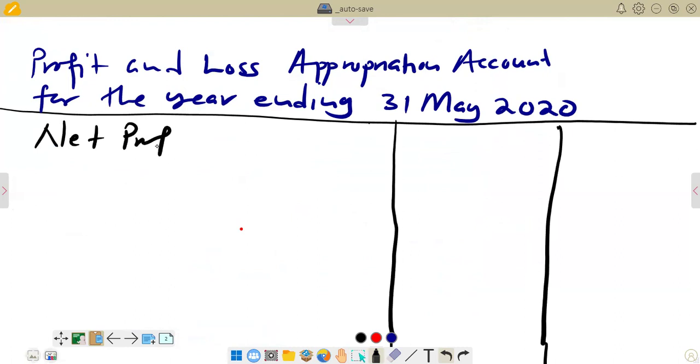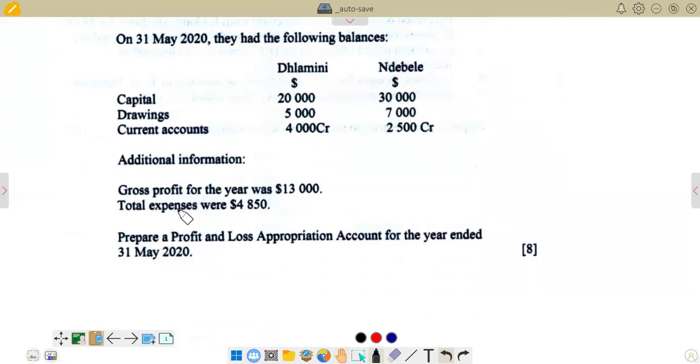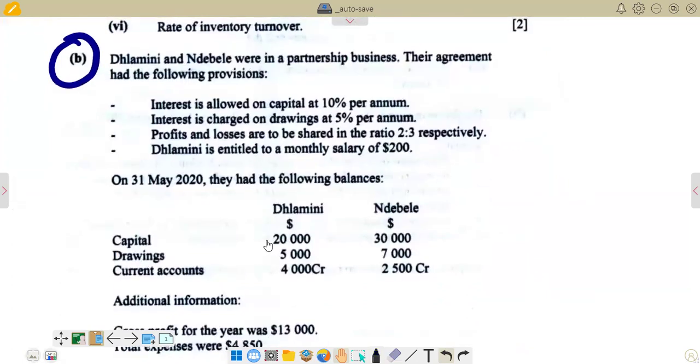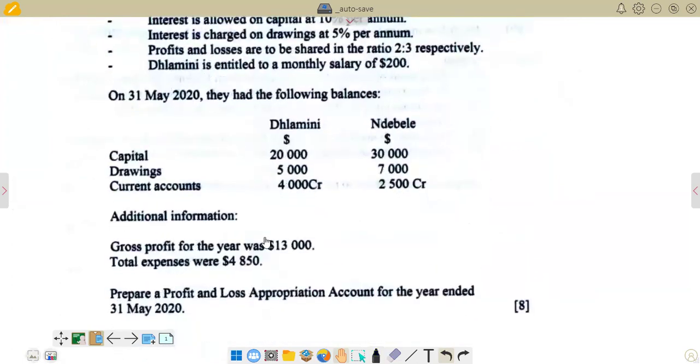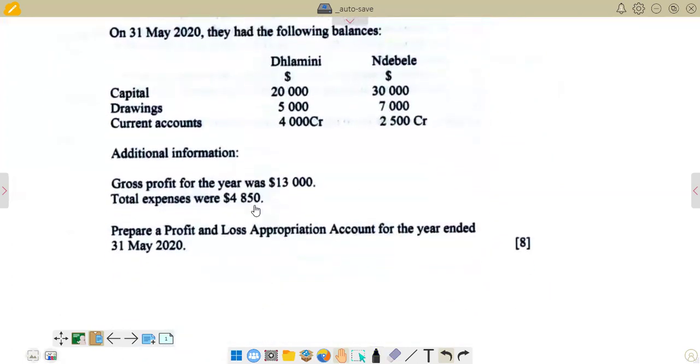We go to the question to see if we are given the net profit figure. We are given gross profit and total expenses, but there is no figure for net profit. So we are going to find the figure by calculating it, since we have the figures for gross profit and total expenses.